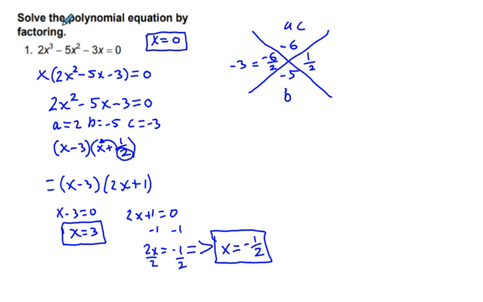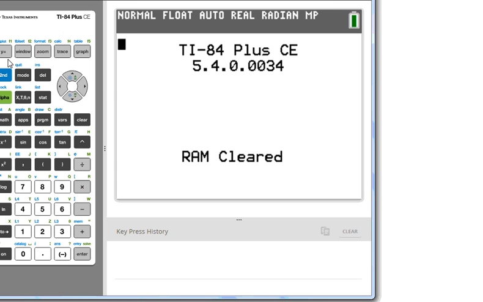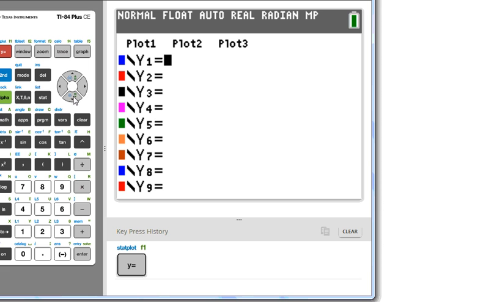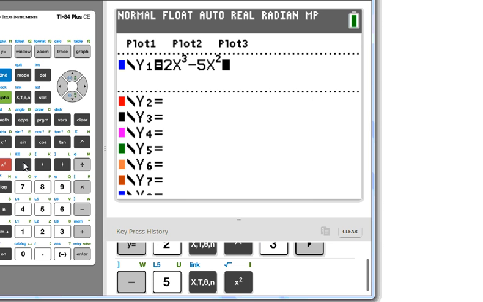And in the calculator, should you graph, and I encourage everyone to graph, please check your work. Go in here and you put in 2x cubed minus 5x squared minus 3x.